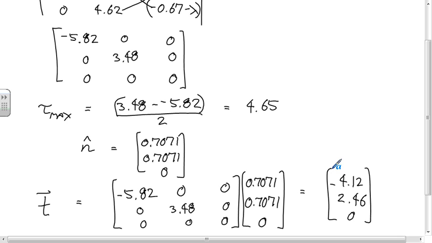And hopefully, let's see. Okay, so now it gets to be sort of a mess actually, because now we have a vector in the other coordinate system. I should never have said this in the first place.